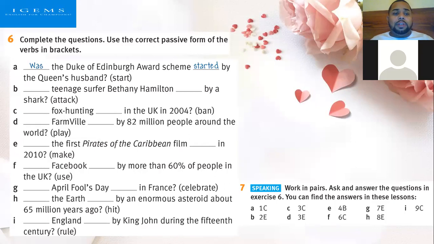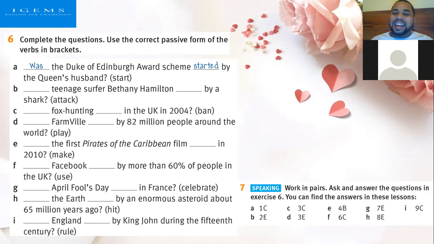We'll complete the questions. We're going to use the correct passive form of the verb in brackets, similar to the previous one we did. Look at the example one more time. The Duke of Edinburgh Award was started by the Queen's husband, and the verb in parentheses was start.